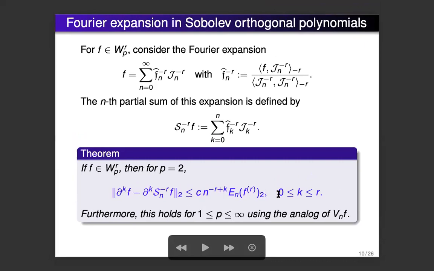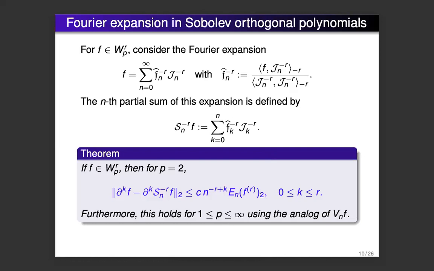That is the answer to our original question. Furthermore, for p between 1 and infinity, you can use the analog with weighted norms. So in a sense, this works out well.